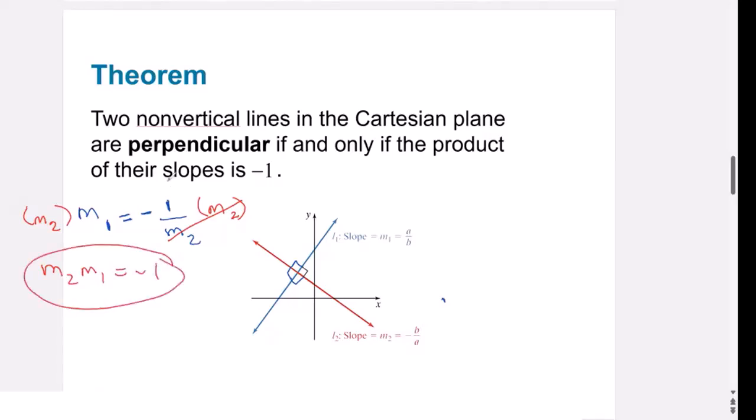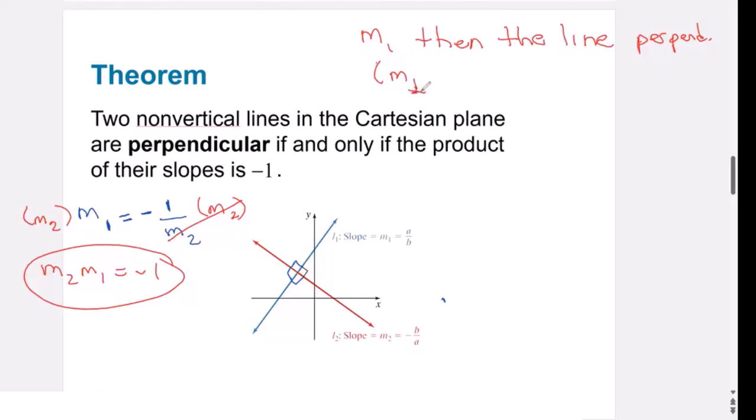I think the best thing to know is that if you have the slope of one line, then the line perpendicular has a slope that I would abbreviate like this.